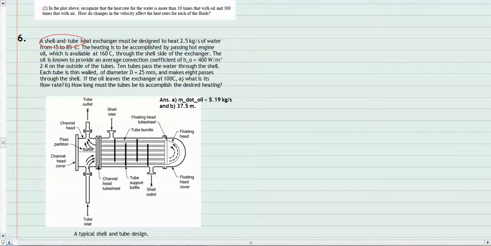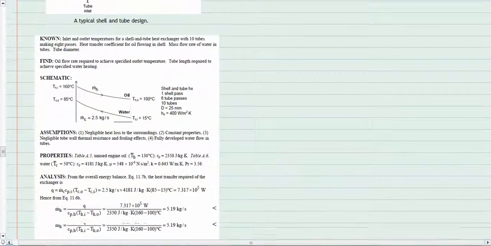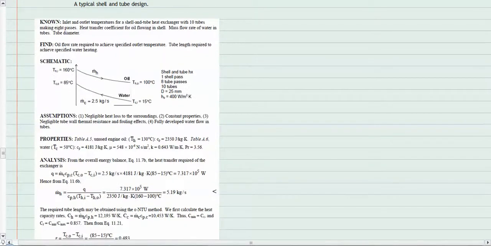So as you walk through this problem, I think the key issue or concept to be able to do is to write down a temperature versus location diagram and be clear about the shell and tube heat exchanger, the 1 shell pass, the 8 tube passes, and the 10 tubes.